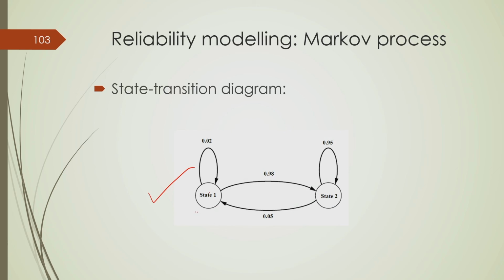Here you can see state 1 is represented as down, state 2 is represented as up. So, those who are down will stay down with transition probability 2%, and the next 98% will go to up. Okay. And those transformers which are up will go down with probability 5%, and the remaining 95% will stay up. Okay. So, this is how we represent these fault events using this Markovian process.